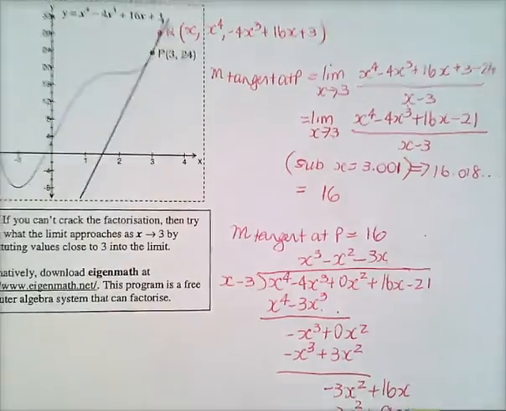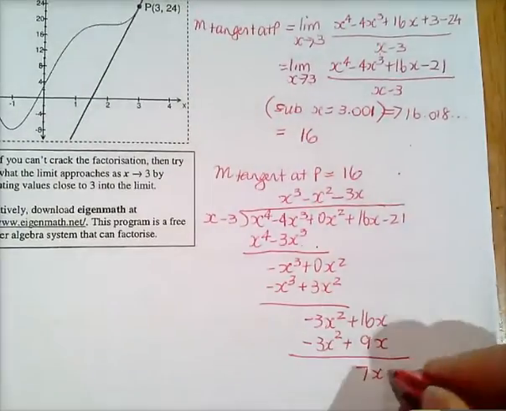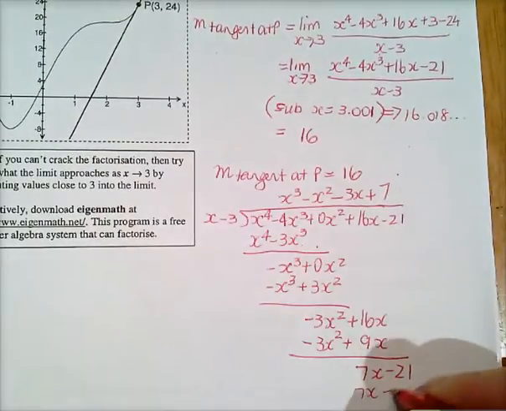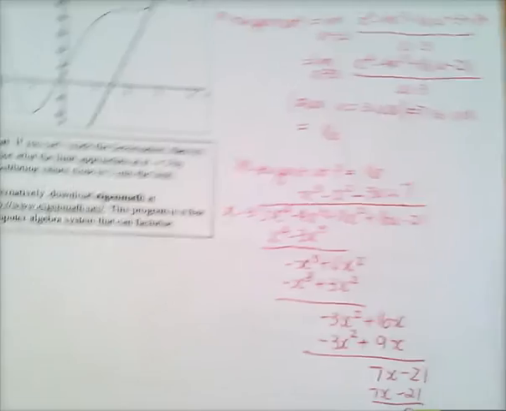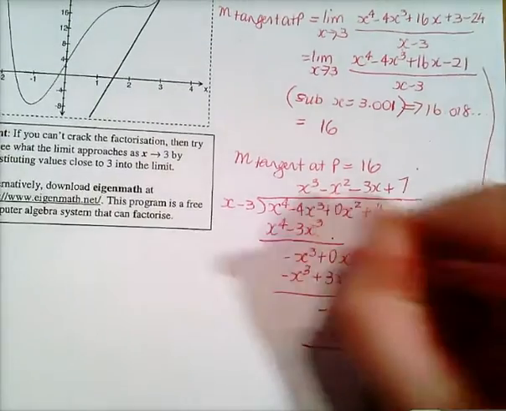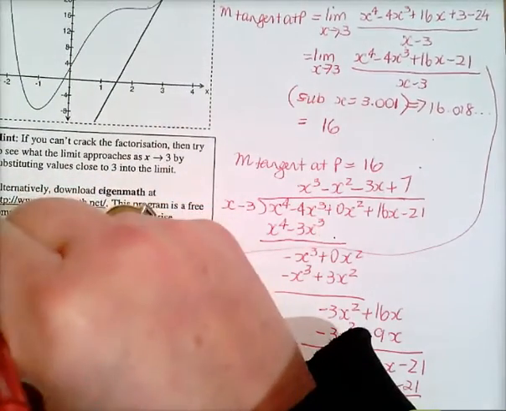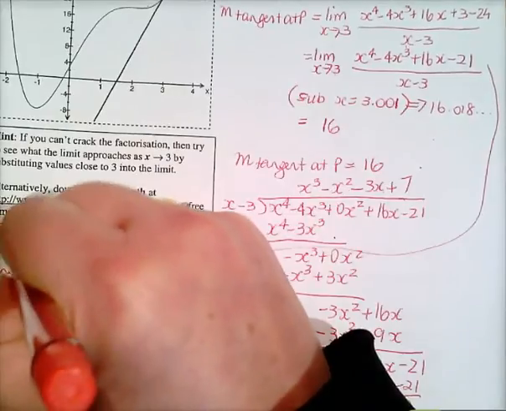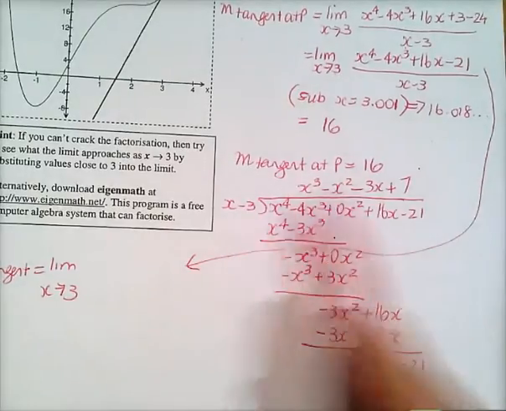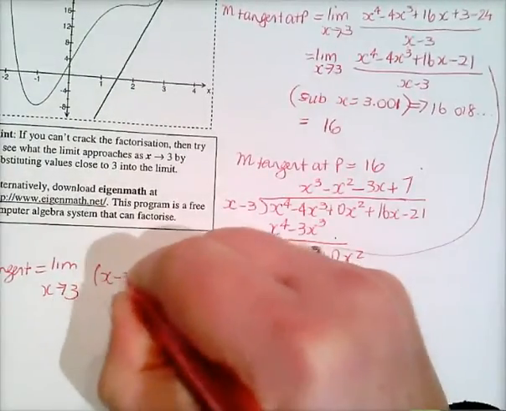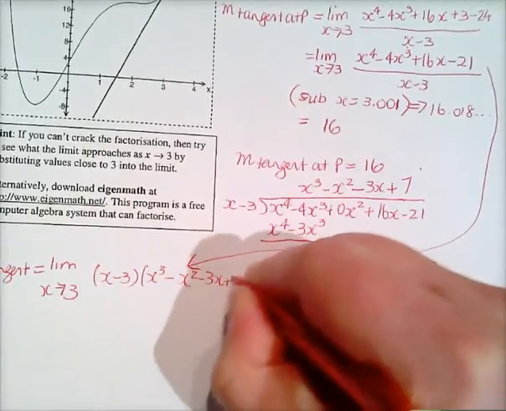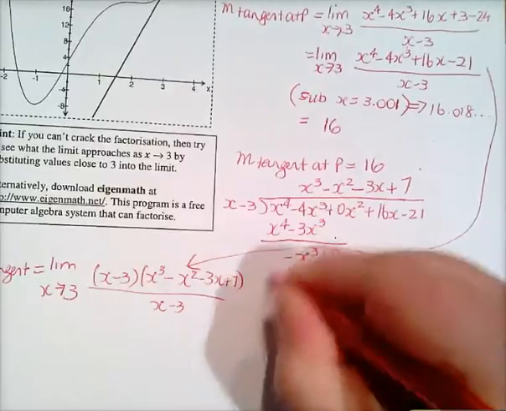Bringing down, sorry, running out of room there. Bringing down the minus 21, we end up with a plus 7 here and get 7x minus 21 and remainder 0. So therefore, just coming from there across here, we've got that the gradient of the tangent at P is the limit as x approaches 3, and we can factorize this now, and you'd get x minus 3, x cubed minus x squared minus 3x plus 7 over x minus 3.